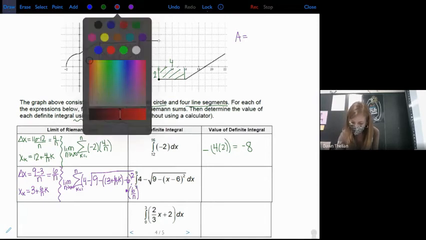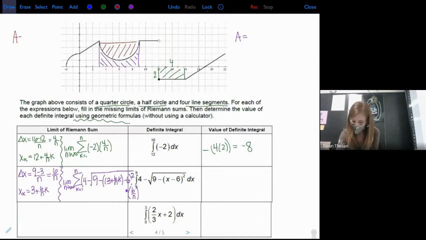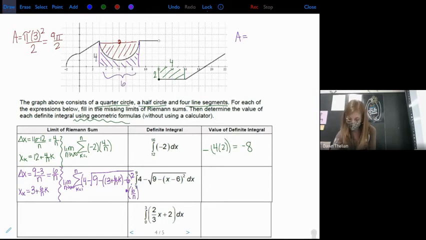So when we do the semicircle, it is pi times, well, the radius here, we got to find the middle. So the radius is 1, 2, 3. So 3 squared, and it's half of it. So we've got 9 pi over 2. And then the whole rectangle here has a base of 1, 2, 3, 4, 5, 6, and a height of 1, 2, 3, 4.